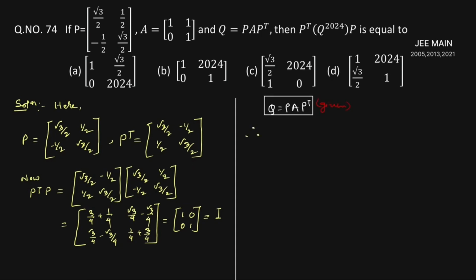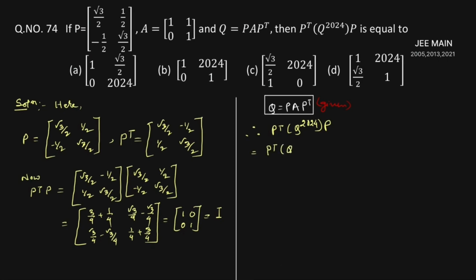Therefore we are going to find (P transpose Q)^2024 P, which is equal to P transpose Q into Q into Q, and in this way it goes on 2024 times.